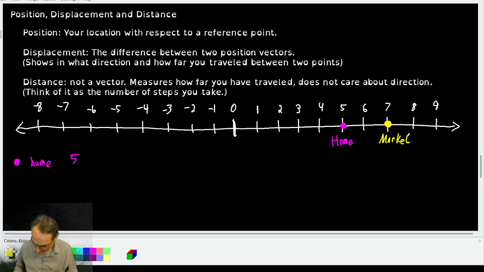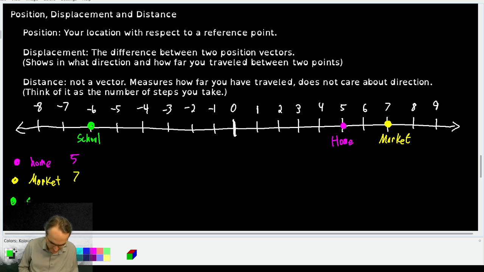Call it market. So here, market at 7. And then let's put school. School. Somewhat further away. And that'll be at position -6.